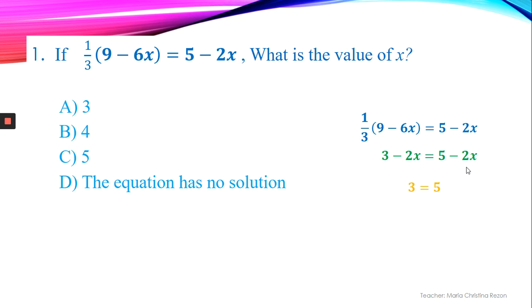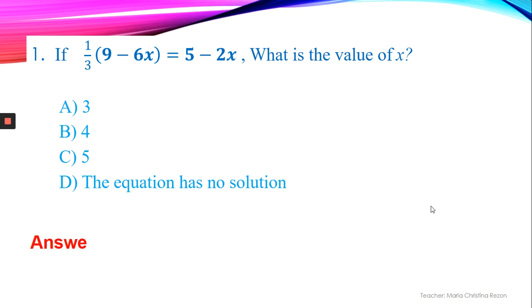You will have 3 is equal to 5. 3 is equal to 5 is a false statement. Therefore, our answer to this question is letter D. Next question.